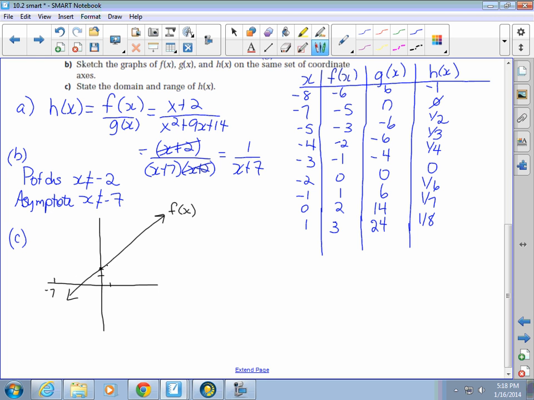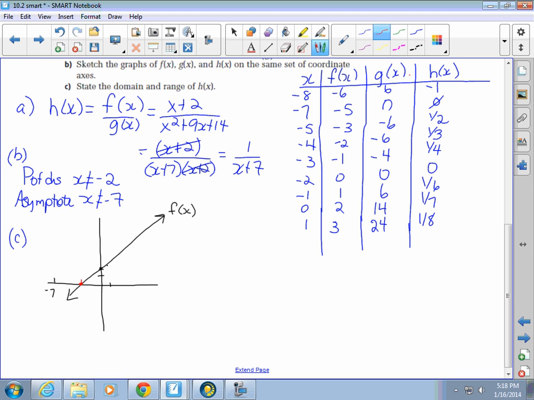The g(x) graph, I'll do that one in red. So the g(x) graph is that parabola. So if I take a look at the parabola, where do my points start to repeat? Well, I have an x-intercept at -2 and 0, which is approximately right there.